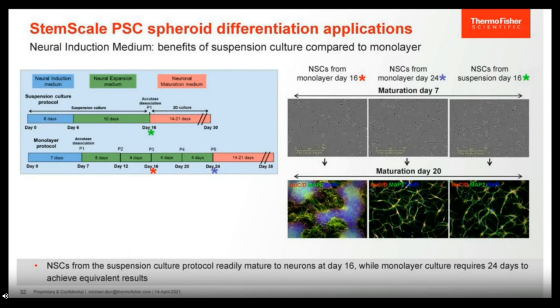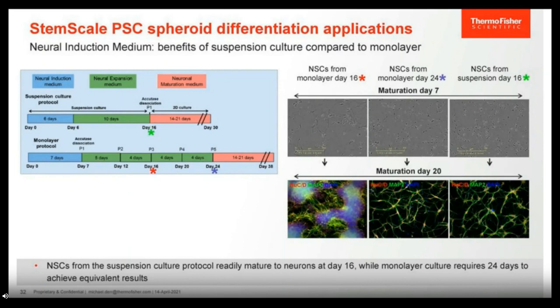So after 7 days of maturing these NSCs, you can see that there are a lot of flattened out cells, and these cells are proliferative. And then continuing on vertically down that column, you can see that at day 20 of maturation, these cultures result in large amounts of clumps and low neuronal purity.